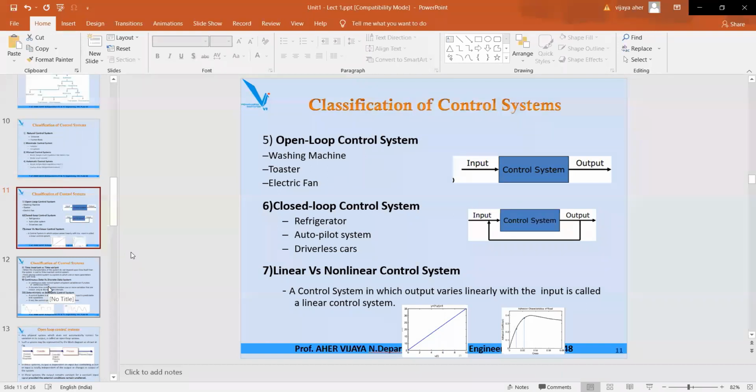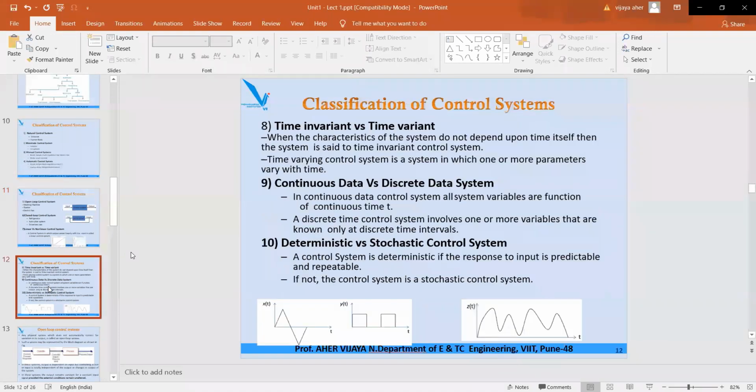Then you have studied linear and non-linear control systems along with the graph. Then time invariant and time variant system. Then continuous data and discrete data system. Then after that, stochastic control system and deterministic control system you have studied in the last lecture.